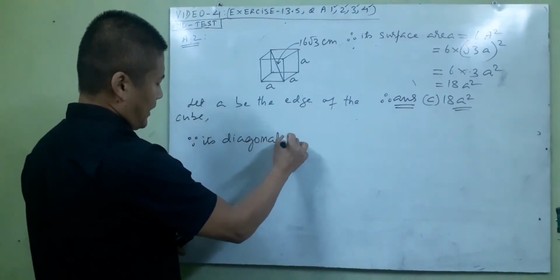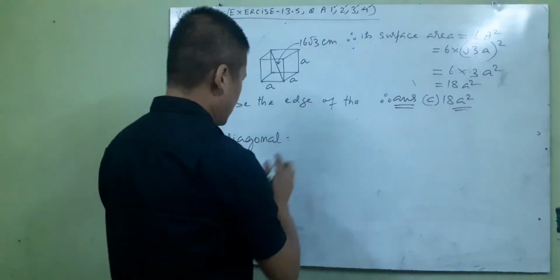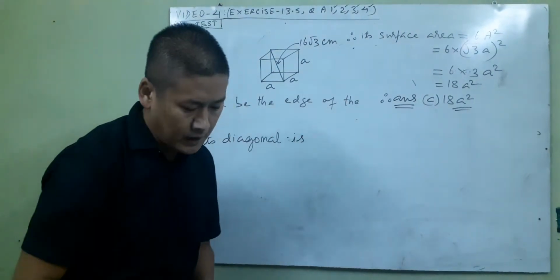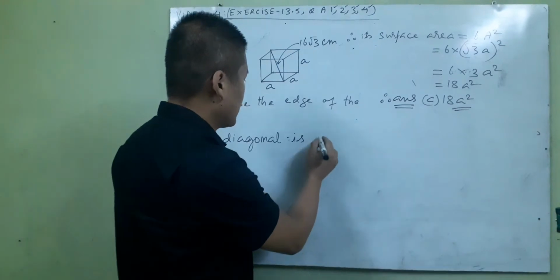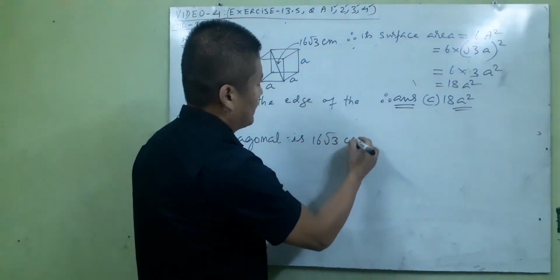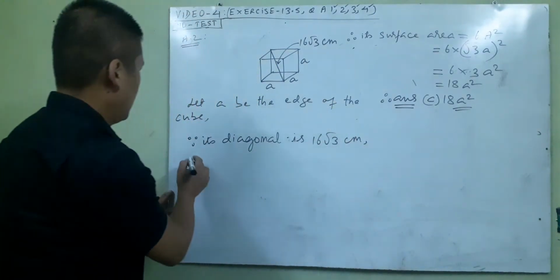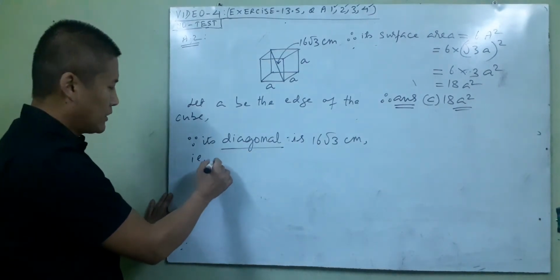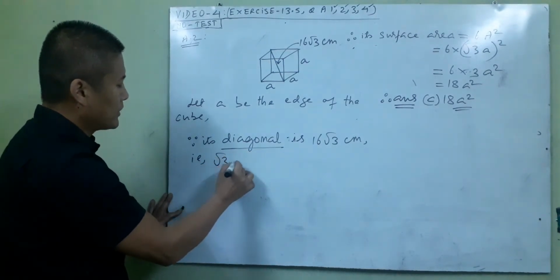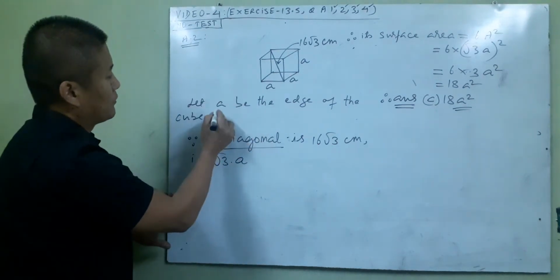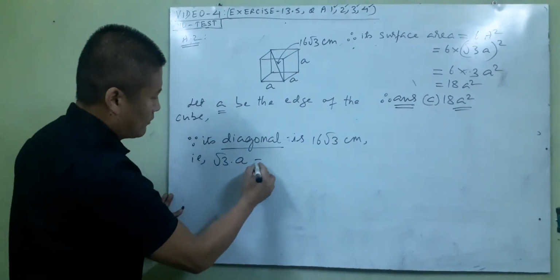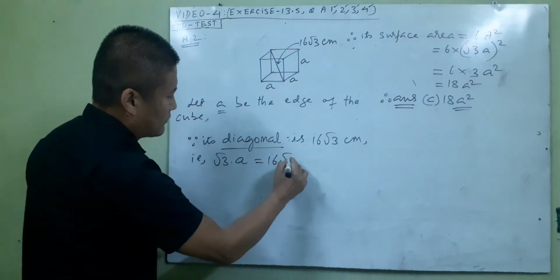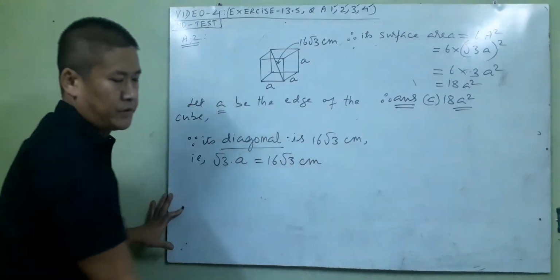Its diagonal is 16√3 centimeters, according to the information in the text. That is, we can apply the formula for the diagonal of a cube, which we did in the beginning of the chapter. We know that it's √3 into h, and h we have decided to call a. It is equal to the value already given, 16√3 centimeters.